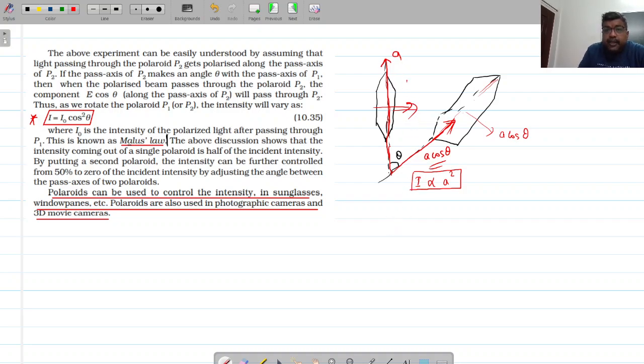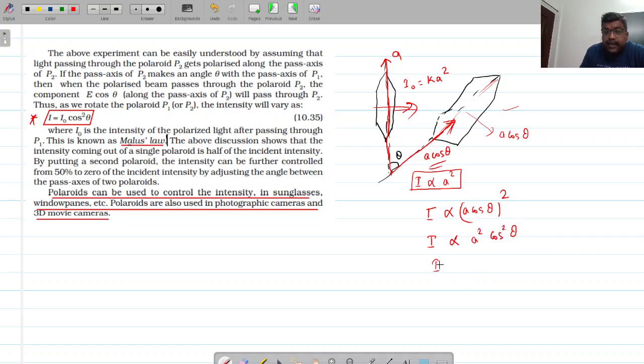So here the intensity I naught will be equal to, suppose amplitude is a, I naught is equal to k a square. Now the intensity coming through the second Polaroid will be I proportional to (a cos theta) square, that is I proportional to a square cos square theta.